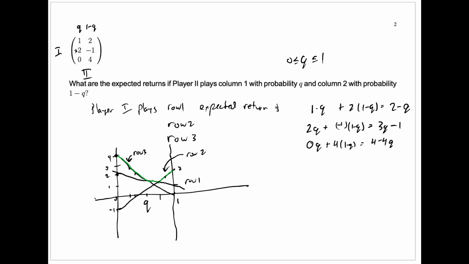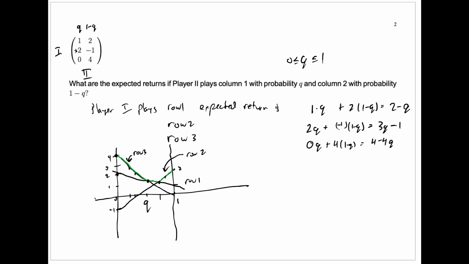So how do we minimize the worst case scenario? We find the smallest vertical coordinate of any point along this green curve. And this green curve, of course, consists of a union of these line segments. And the smallest point will either be at this intersection point or this intersection point.